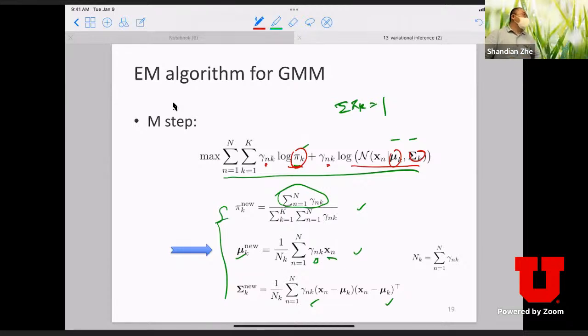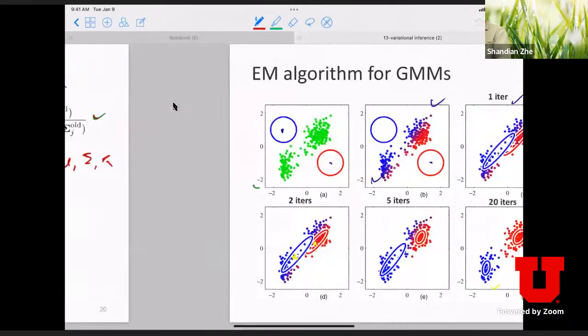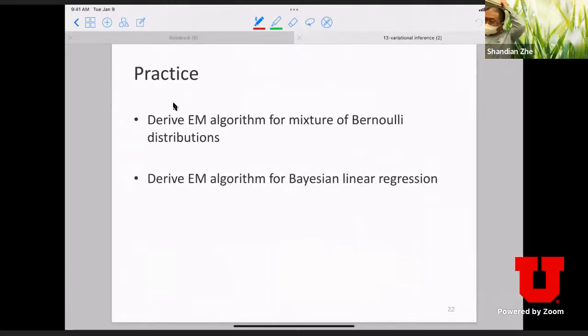Any other question? Okay, great. So I will leave 2 practice problems for you. First, try to derive the EM algorithm to learn a mixture of Bernoulli distributions. Here we assume each data point is a continuous feature vector, sampled from a Gaussian given the cluster membership.